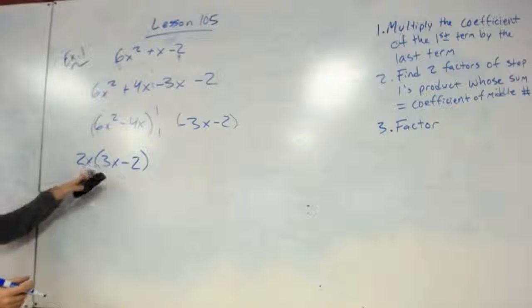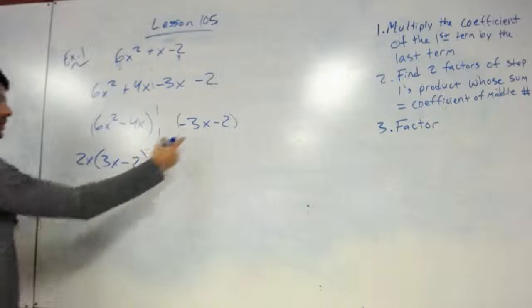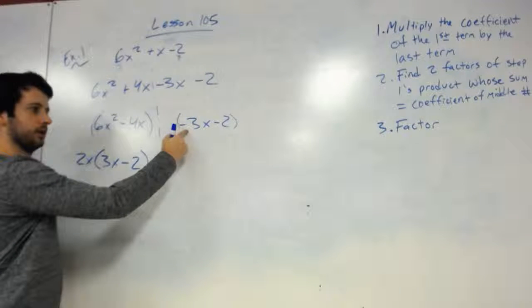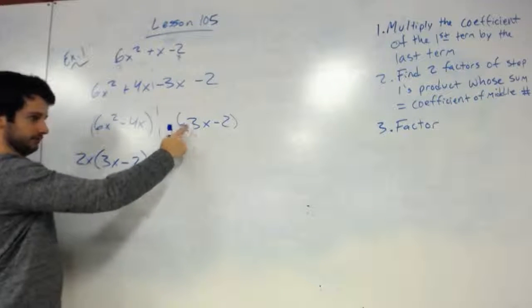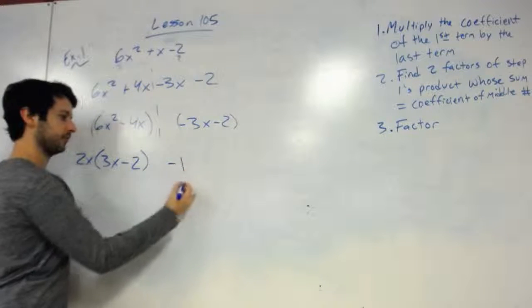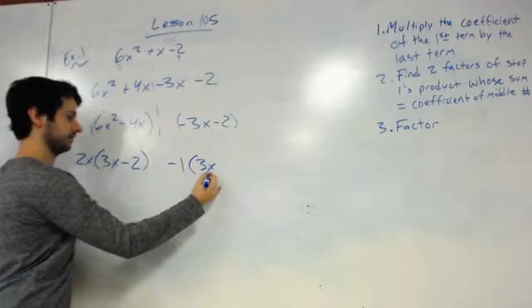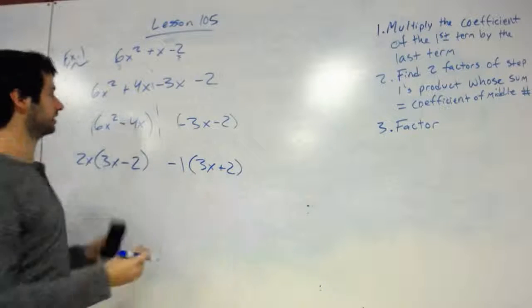So this is 2x times 3x plus 2 after I factored there. Now I'm going to factor out here. Well, we don't like the negative in front of the negative 3x, so I'm going to factor out a negative 1. I'm left with a positive 3x and a positive 2.